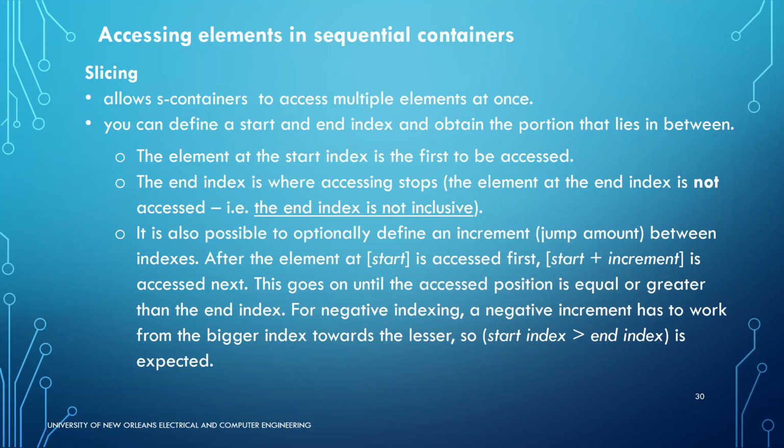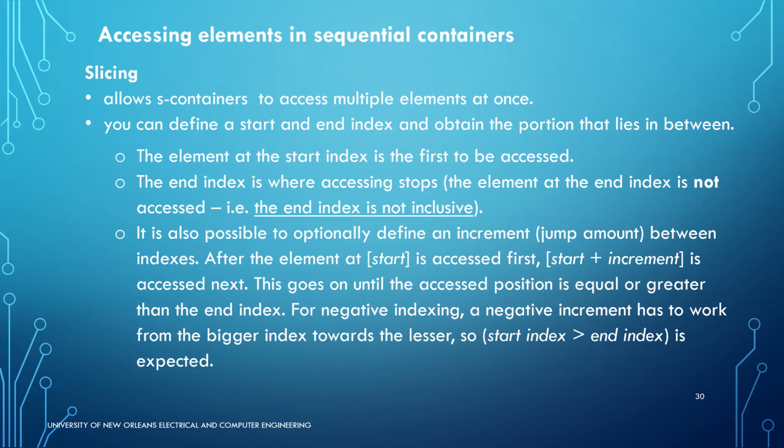It's also possible to define an increment, a jump amount between indexes. After the element at start is accessed first, then the start plus increment is accessed next. And this goes on until the access position is equal to or greater than the end index. And we'll see examples of this in just a minute.